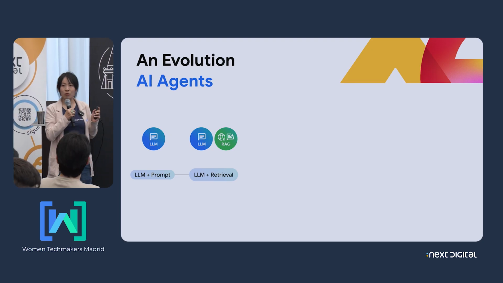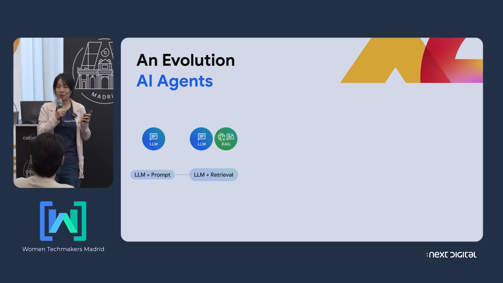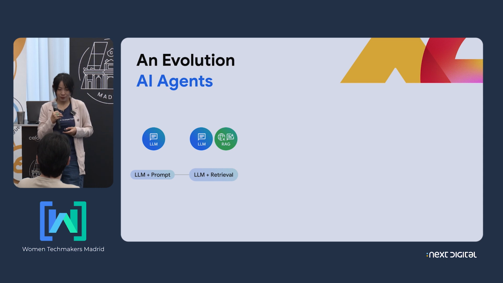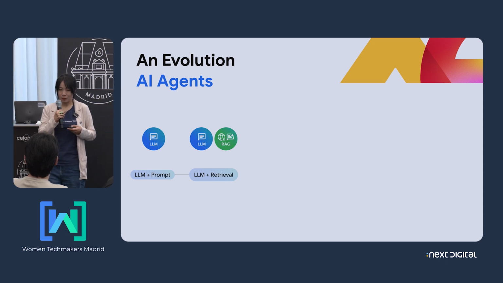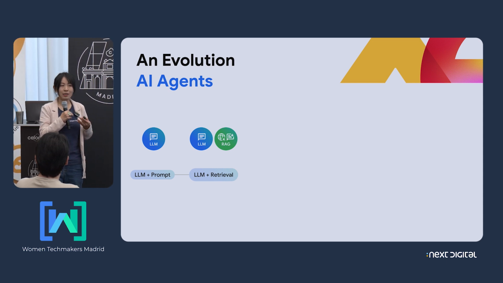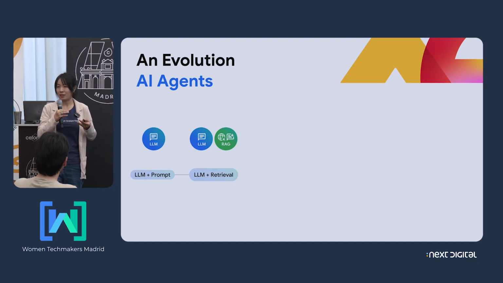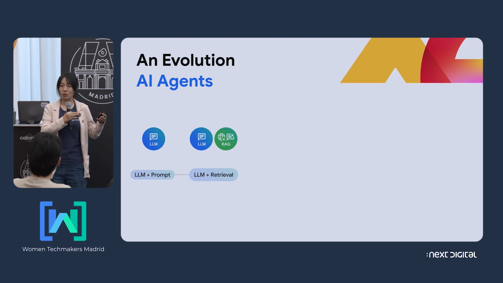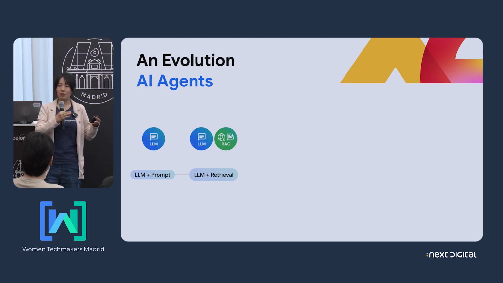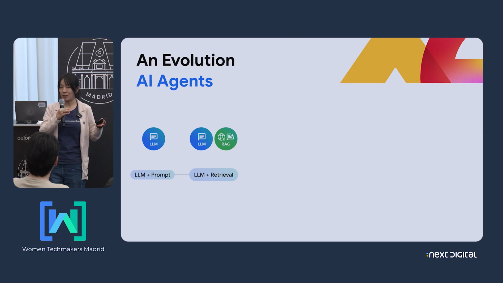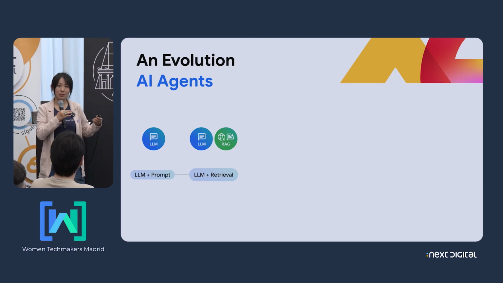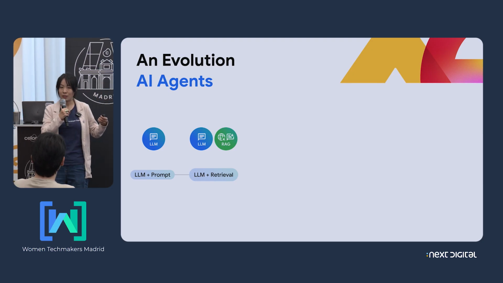RAG stands for Retrieval Augmented Generation, which means if you ask AI nowadays, what's the agenda of the International Women's Day, Women Tech Maker event in Madrid today, it can tell you the most relevant, most up-to-date information because it has retrieved this information from Google search.